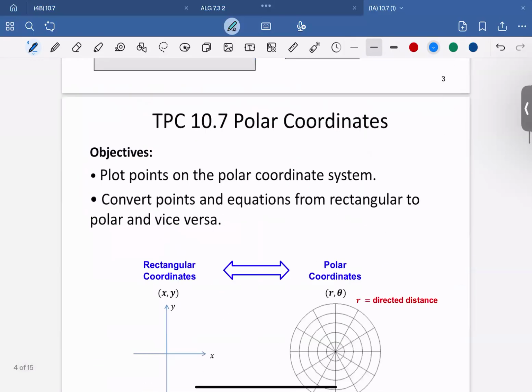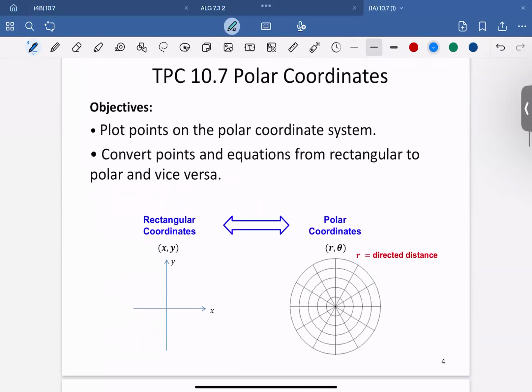Cool. All right, jumping into 10.7, we are now looking at polar coordinates. As we just said, we did last class parametric stuff, but today is going to be all polar things. We're also going to do, like in 10.6, see it juxtaposed with rectangular coordinates.